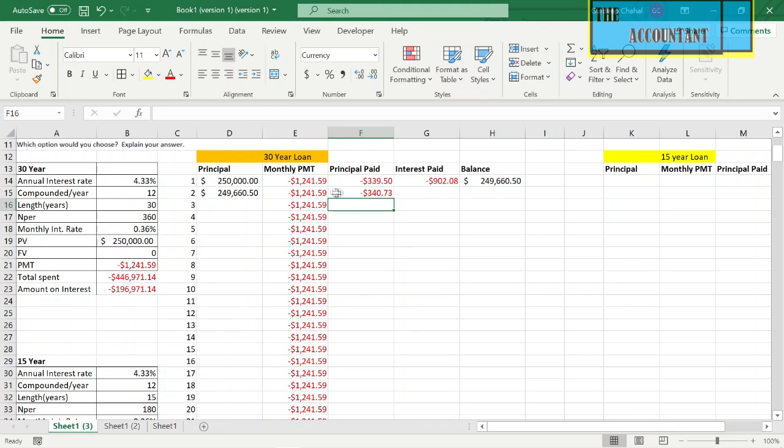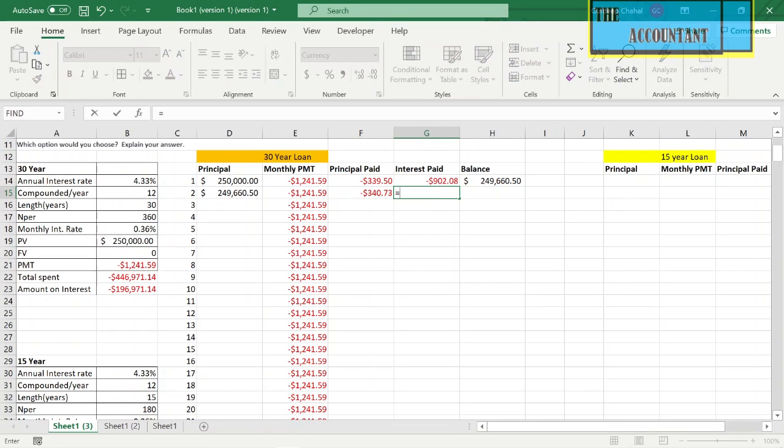And out of this payment, $340 went towards principal. So we'll do this again for the IPMT. Use C15 as that. The number of periods are going to be absolute again. The present value is absolute and the future value is absolute. And as you can see, the amount of interest changed a little bit too.